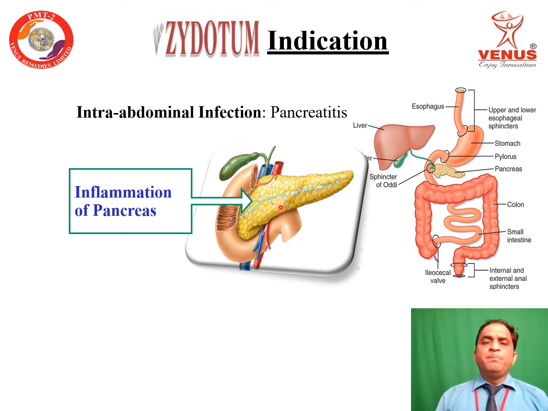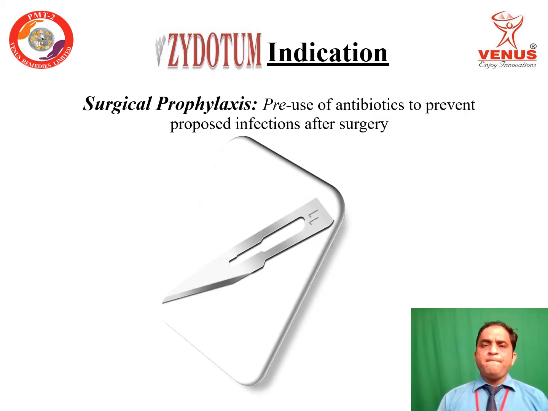Now pancreatitis. Pancreatitis means inflammation of the pancreas. The next one is surgical prophylaxis. What does it mean? Pre-use of antibiotic to prevent a possible infection after surgery.